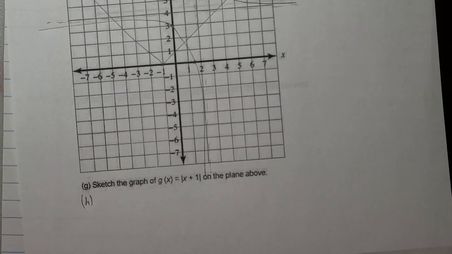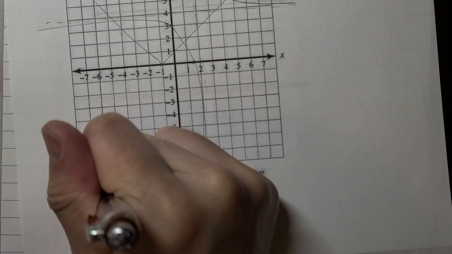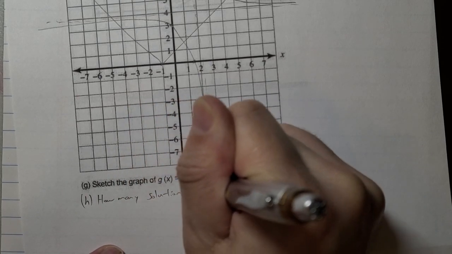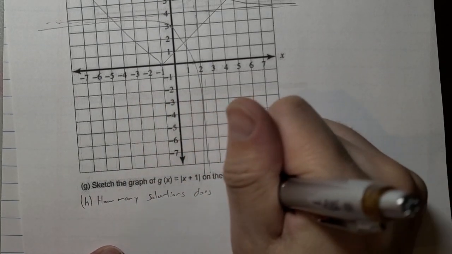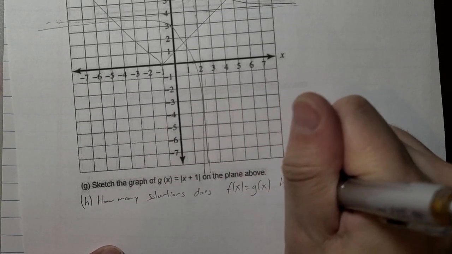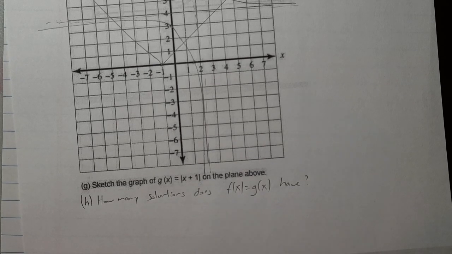And then there's a part H, which I did not copy over. Let me scroll up on my computer. So this says, how many solutions does f of x equals g of x have? Solutions, when they're equal, that means the graphs intersect.